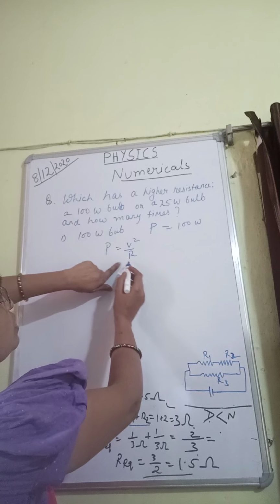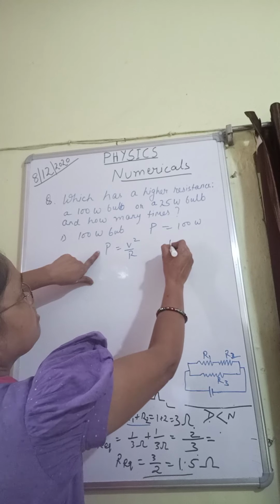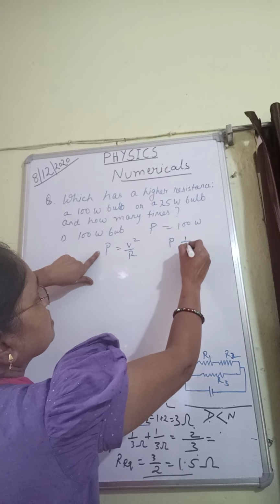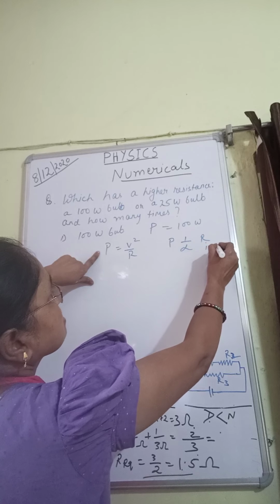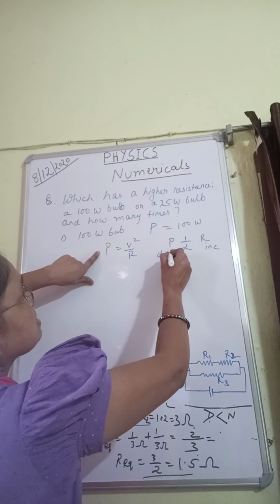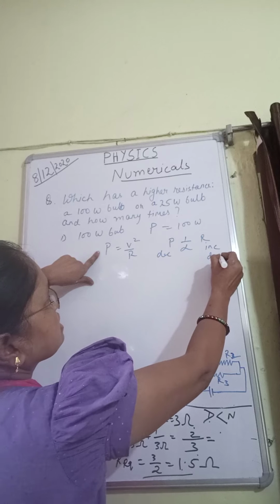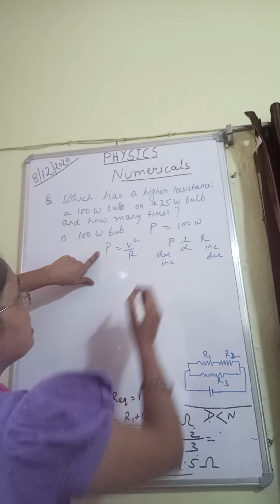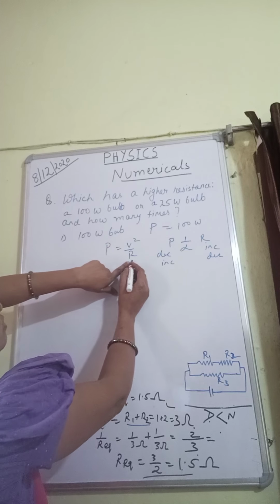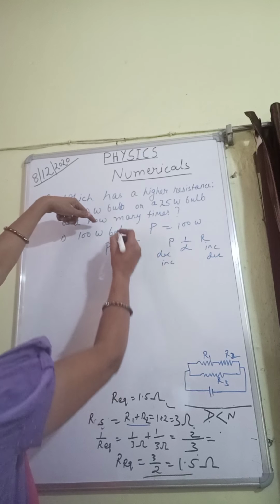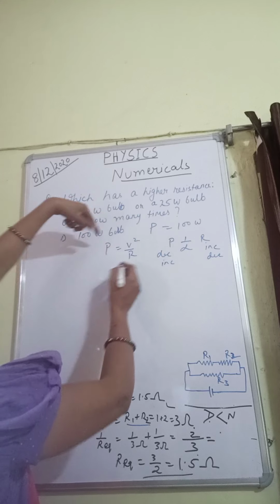Here you are seeing that power is inversely proportional to resistance. If resistance increases, power decreases. If resistance decreases, power increases. Here we can find out resistance. For the first case, for the 100 watt bulb, I am writing R1.